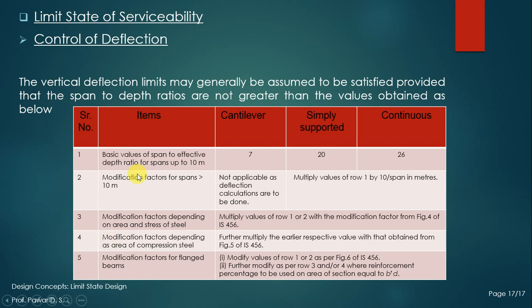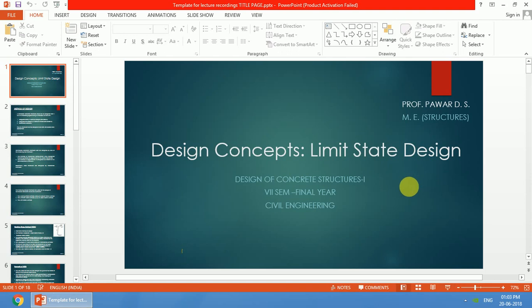In a cantilever beam, this modification is not applicable, as a deflection calculation has to be done. For spans above 10 meters, you multiply these values by 10 divided by the span in meters.